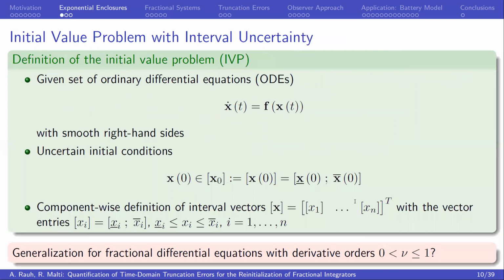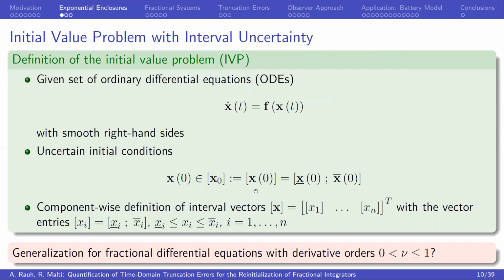systems. Now, when we are trying to simulate system models with uncertainty, one thinks of ordinary differential equations where uncertain initial conditions are given by this interval representation, where x underlined is the corresponding guaranteed lower interval bound and x overlined the corresponding guaranteed upper interval bound for the initial condition at the point of time t equal to 0.